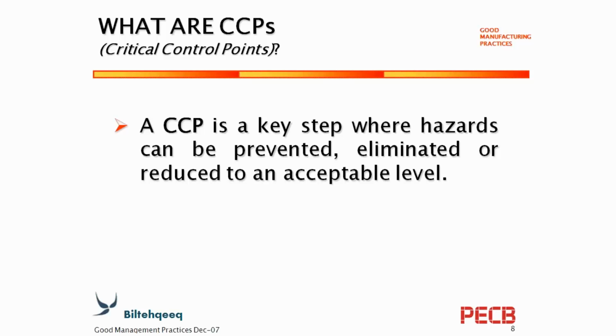Sometimes you cannot totally eliminate a hazard, but you can reduce it in some way to an acceptable level. So this is the point from where you can prevent, eliminate, or reduce the hazard to an acceptable level.